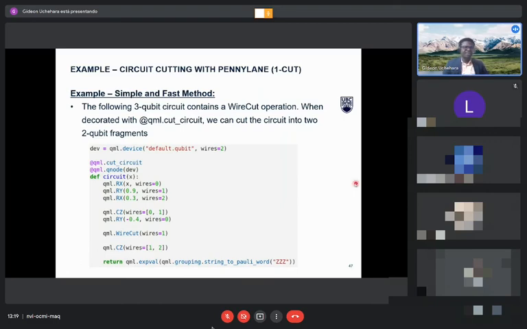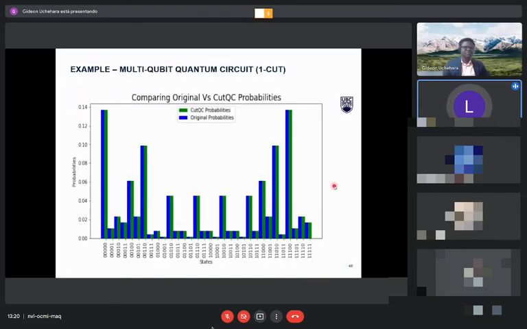Any questions? Should we end it here, or do you want me to go over the PennyLane version of cut QC? I think this would be a good stopping point, because the PennyLane part is better if someone can look at the tutorial. So we will leave that part for the tutorial, since it's easier to understand and code if you run it yourself versus watching on slides.